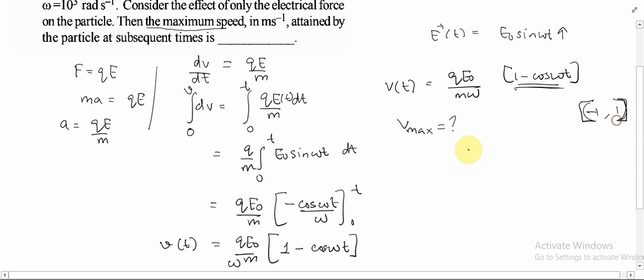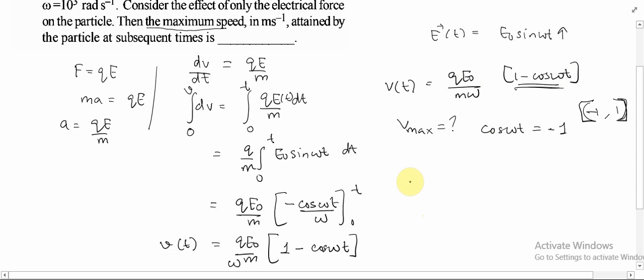If it takes plus 1, v(t) will be 0, so that's the minimum value. If you substitute −1 for cos ωt, you get twice the original value, so that's the maximum. The maximum value is when cos ωt = −1: the minus and the −1 become plus, and you get twice this value.